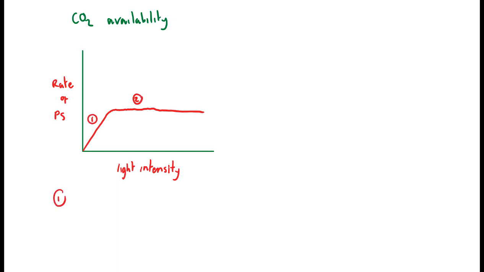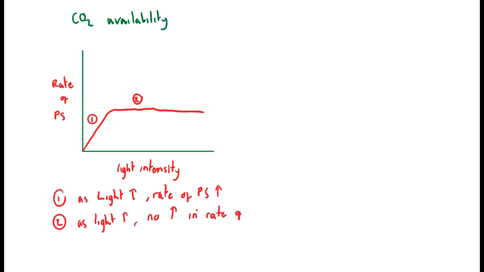Now at 1, as light intensity increases, rate of photosynthesis increases. At 2, as light increases, there is no increase in rate of photosynthesis.